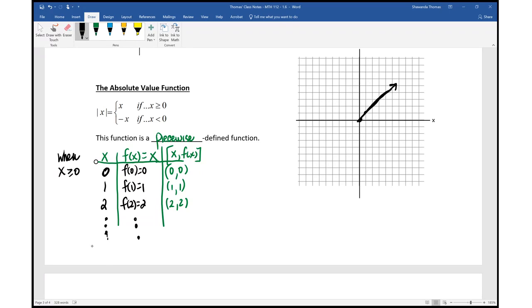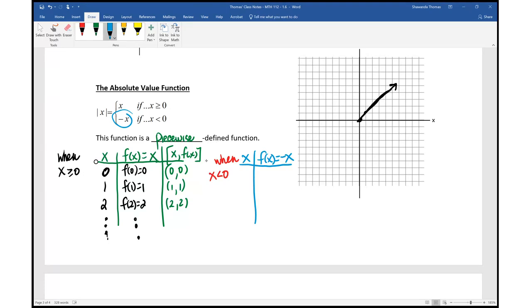But what about when the x is less than 0? What do we have then? It says when the x's are less than 0, we're going to get negative x. So what are some x's that are less than 0?